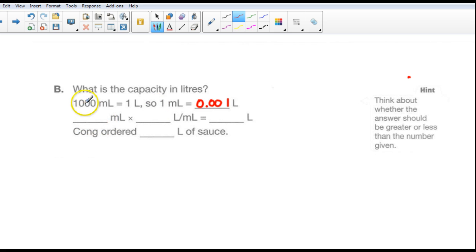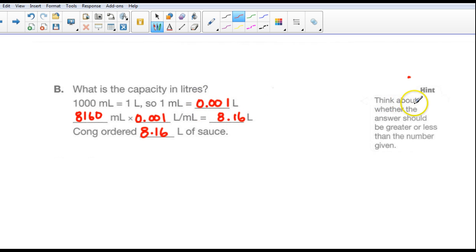So he has a total of 8,160 milliliters times 0.001 liters per milliliter, which is equivalent to 8.16 liters. So Kong ordered roughly 8.16 liters of sauce. Okay?